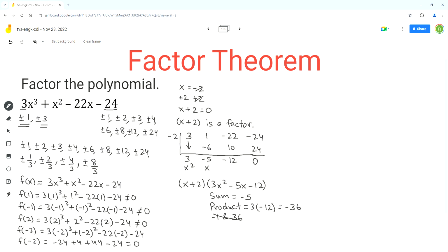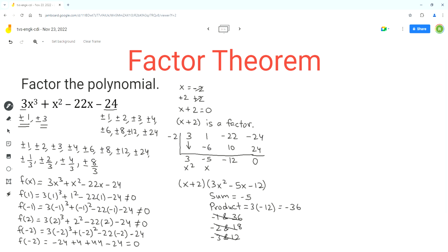The next pair that comes to my mind is negative 2 and 18, but we cannot get a sum of negative 5 from this pair, so this pair is also out. The next pair can be negative 3 and 12, but we cannot get a sum of negative 5, so this pair is also out.